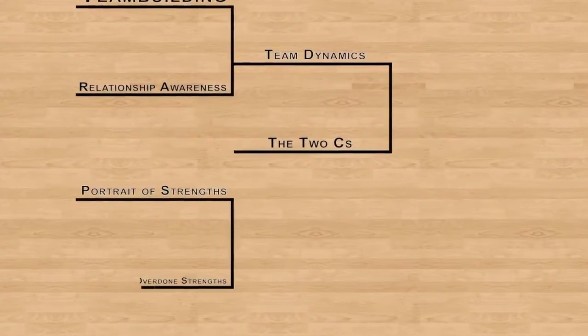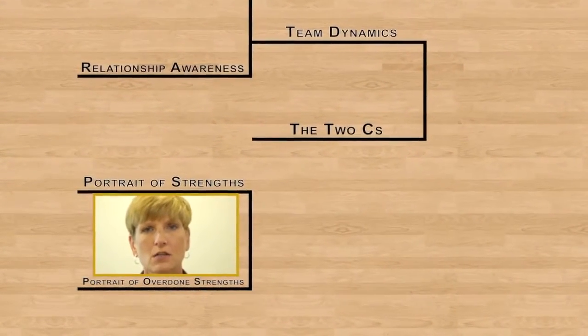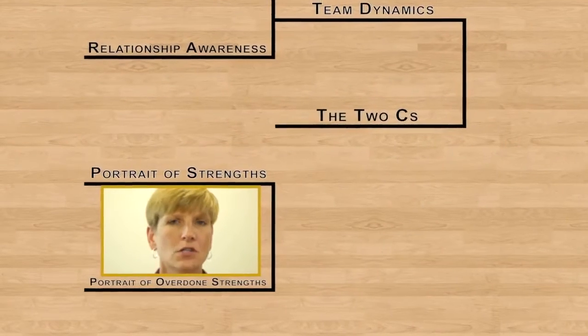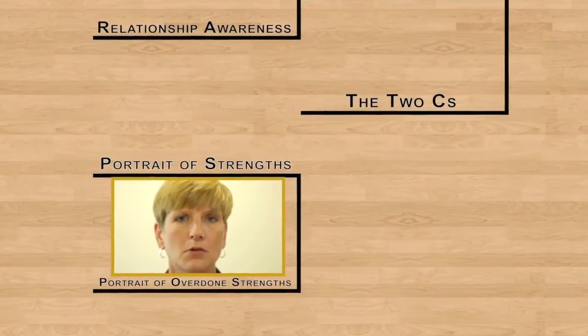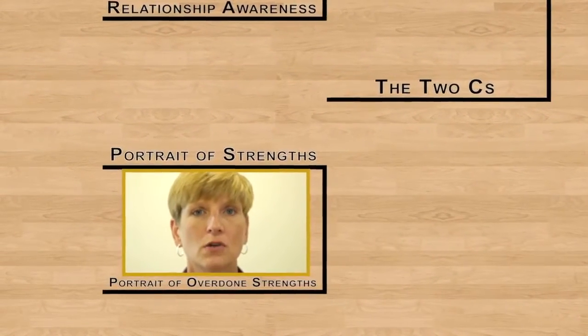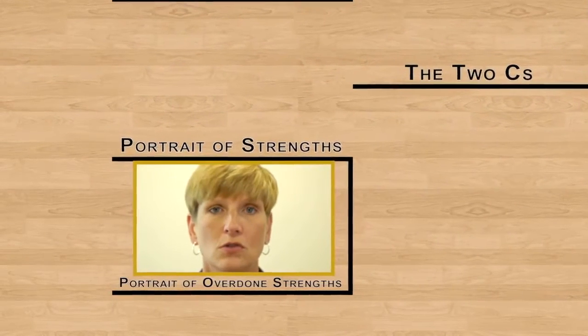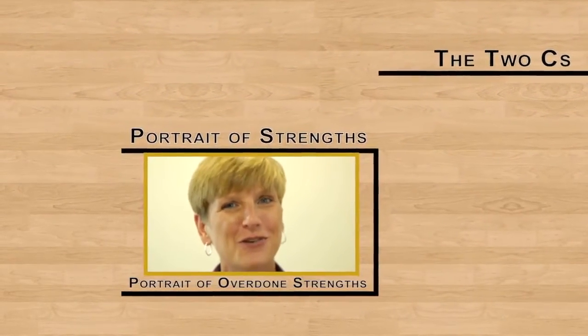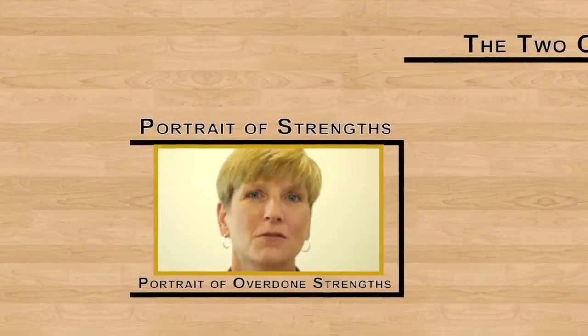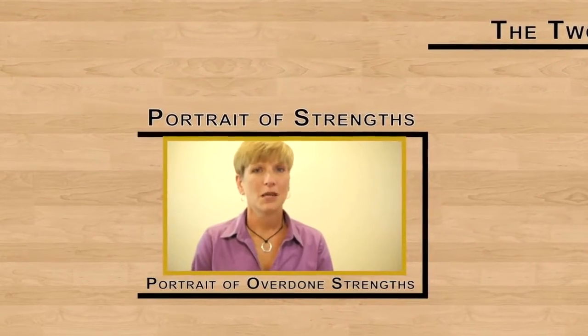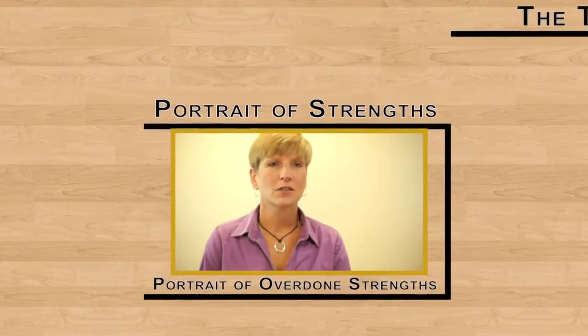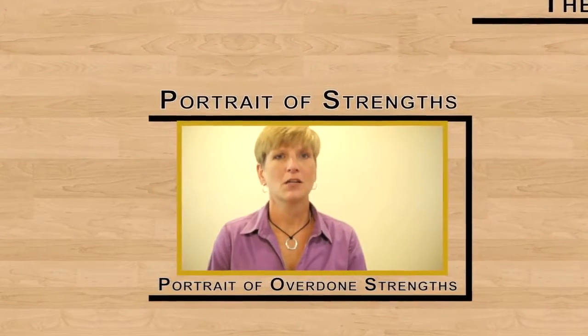Another component of relationship awareness is understanding my strengths. Understanding my strengths, what I bring to the table when I show up. The strengths that I really like to use. And maybe even the strengths that sometimes I do too much of. Great example of this. Maybe one of my strengths is I persevere and I overcome anything.